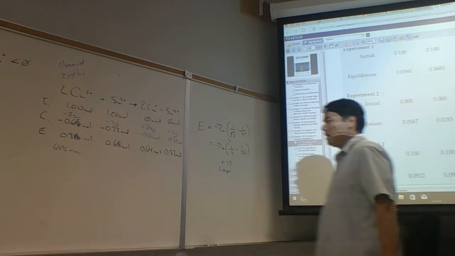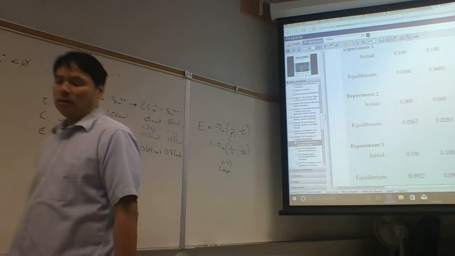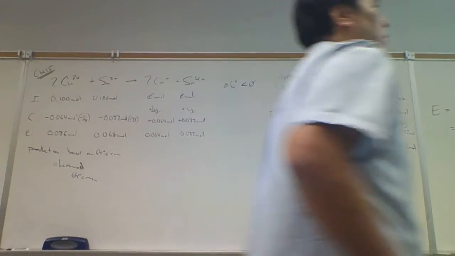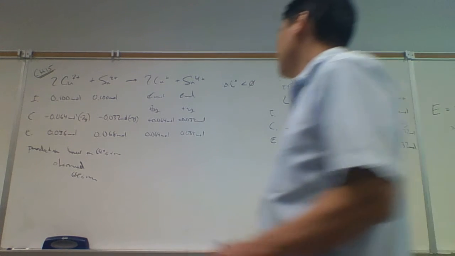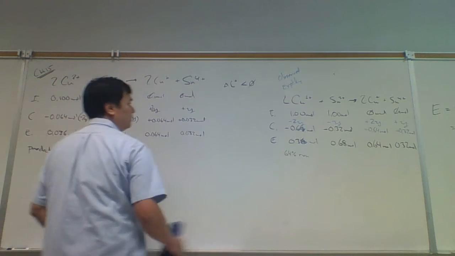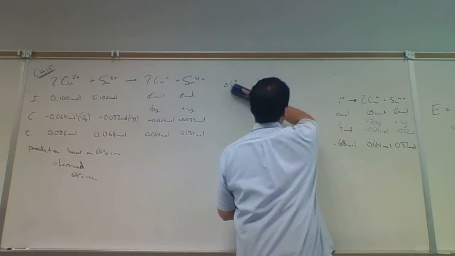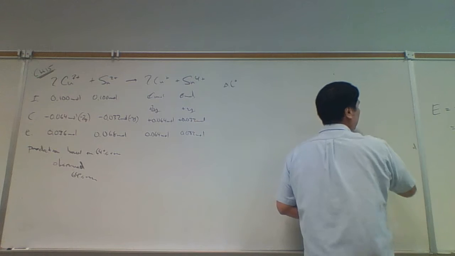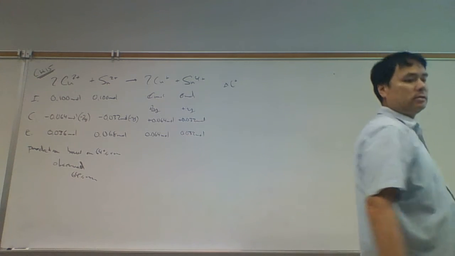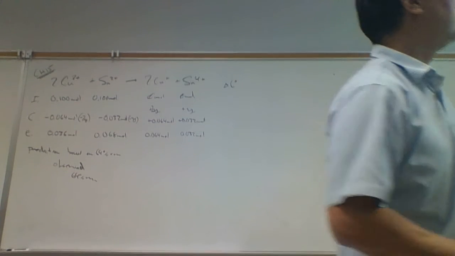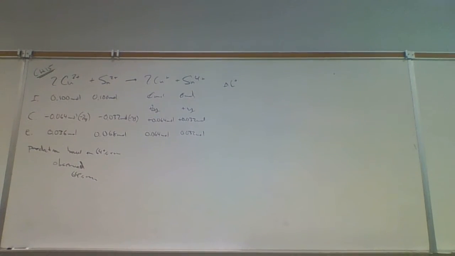The pattern is called the equilibrium constant. And this number here is called K. K is the equilibrium constant for this. And so we have two things here. We have Q and K. What is Q? Q is your initial pattern.